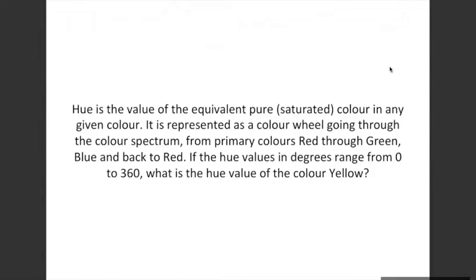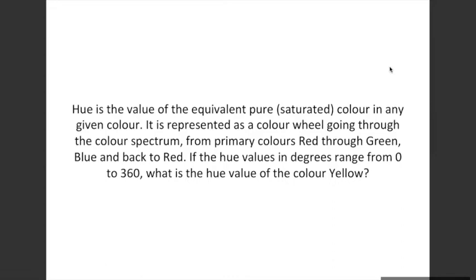What is given is, within this color wheel, as one goes from the color red, which is on top, to the color green, to the color blue, and then returns back to the color red, one is doing an entire circle.